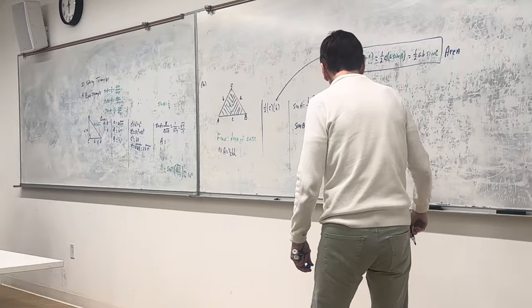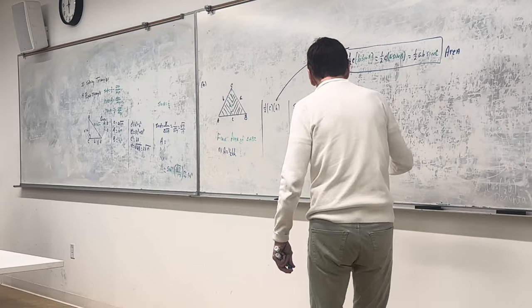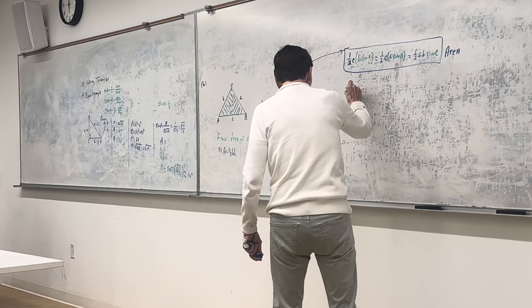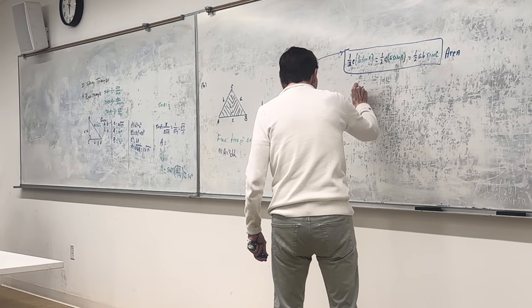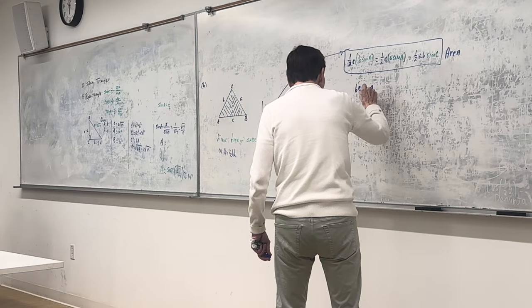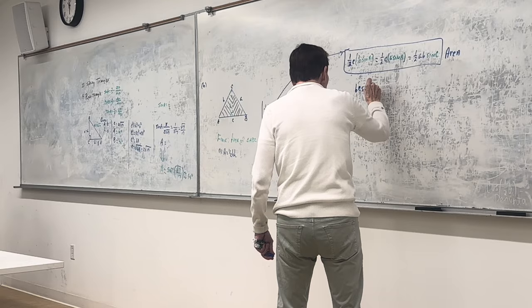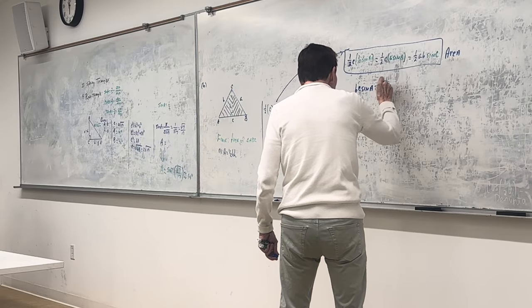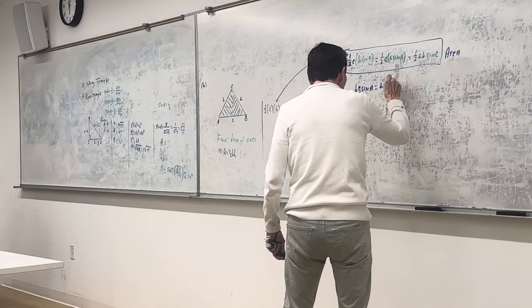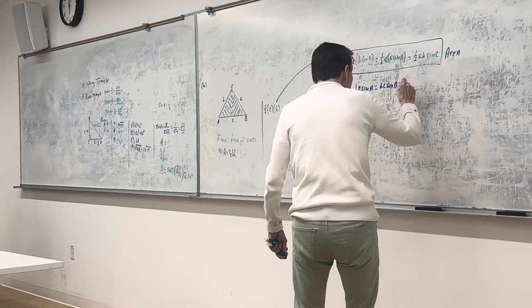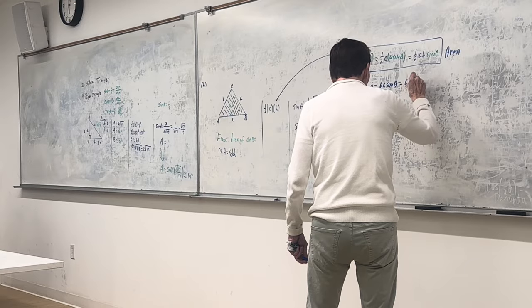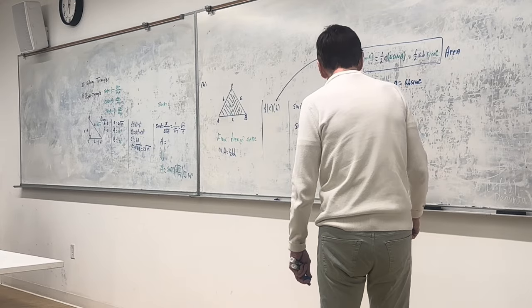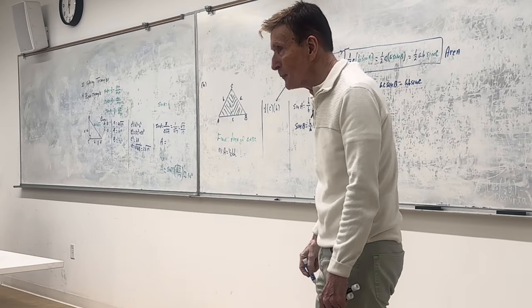Now if I clean that up, I'm going to multiply everything by 2, guys. If I multiply everything by 2, I'm going to write this as CB or BC, sine A. Here, AC, sine B. And here, AB, sine C. Let's multiply everything by 2, try to clean it up.